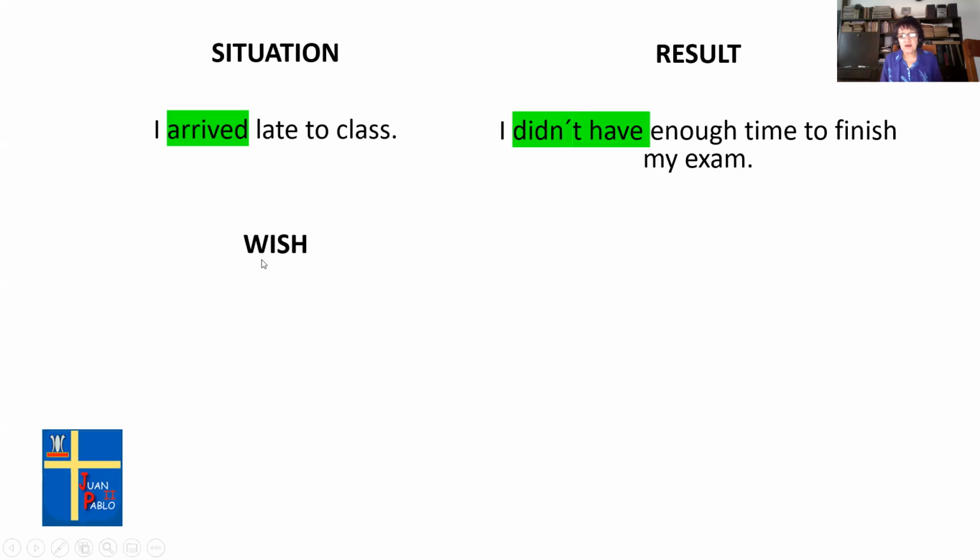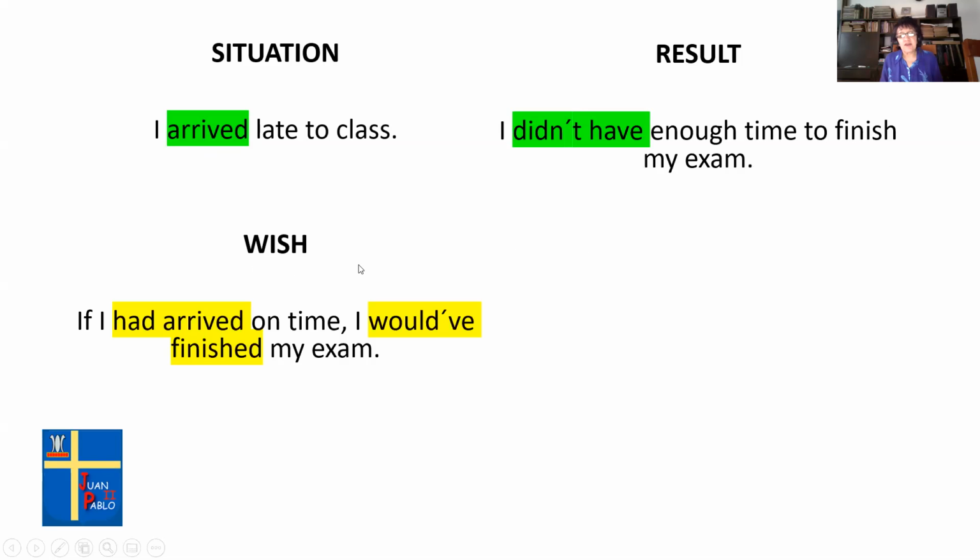What's my wish? If I had arrived on time, I would have finished my exam. Pay attention. When we have the if clause, we have a comma. If I had arrived on time, comma, I would have finished my exam. Period.